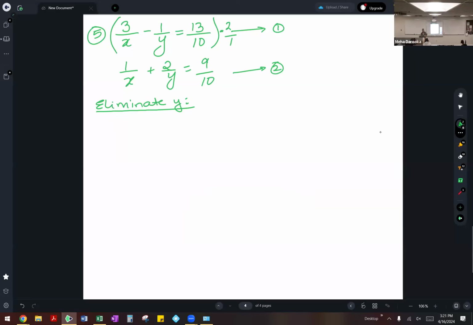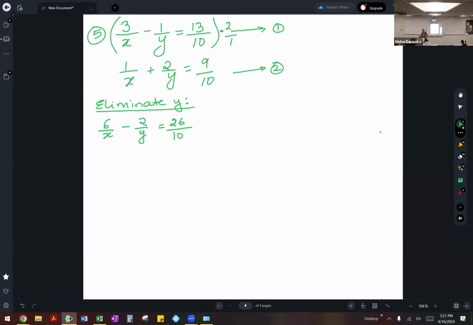There's space here, so that will of course mean we're multiplying 3 times 2, which will make it 6/x, because x gets multiplied with 1. Minus 2 times 1 is 2, so that becomes -2/y. Equals 13 times 2 is 26, so that will become 26/10. So that was from equation 1.